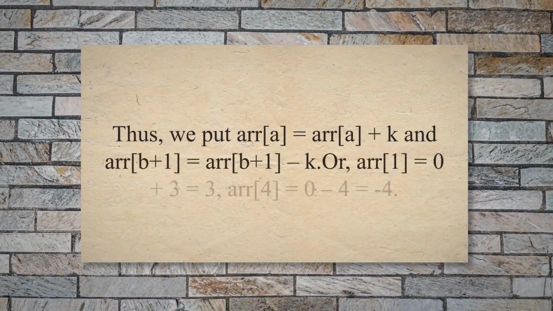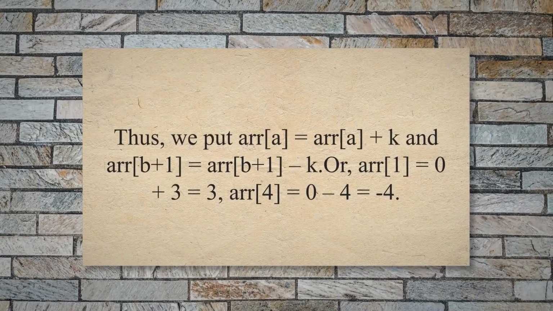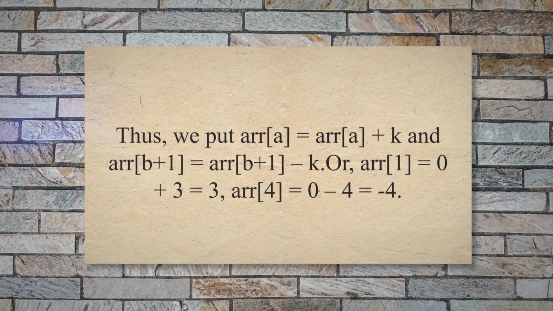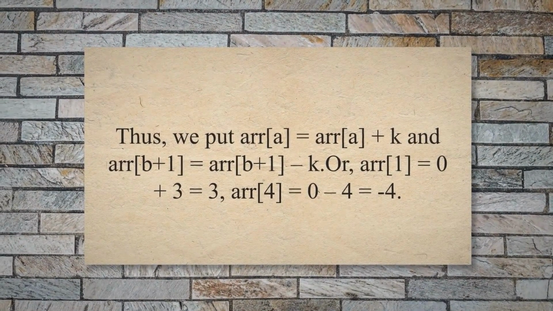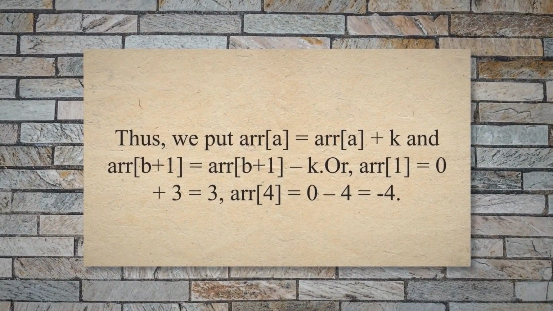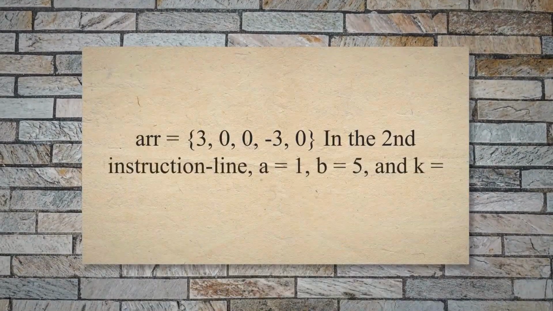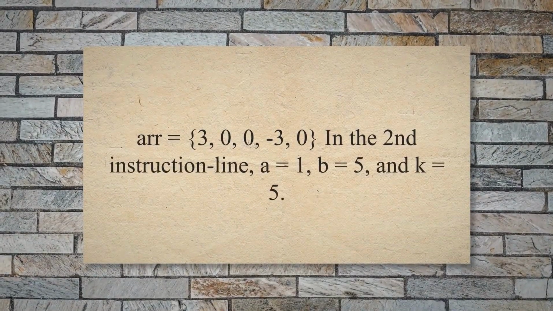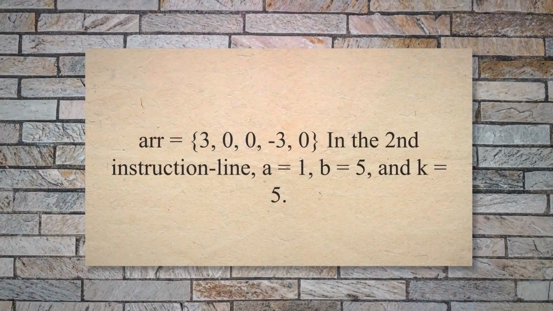Thus, we put R[A] equals R[A] plus K, and R[B plus 1] equals R[B plus 1] minus K. R1 equals 0 plus 3 equals 3, R4 equals 0 minus 3 equals minus 3. R equals 3, 0, 0, minus 3, 0.